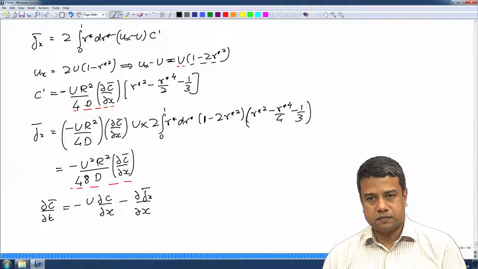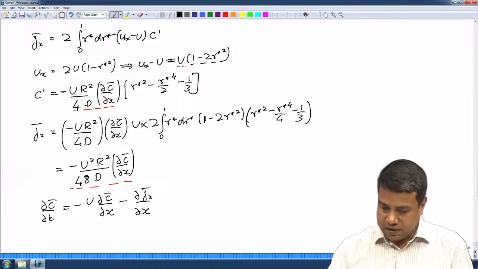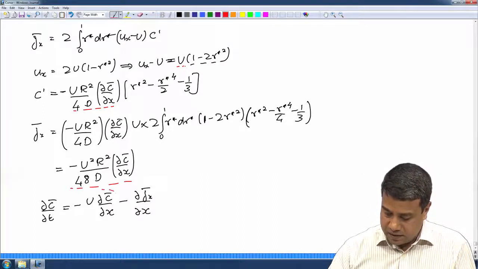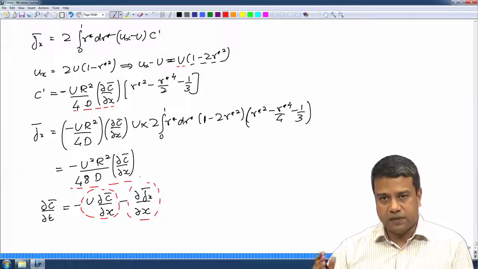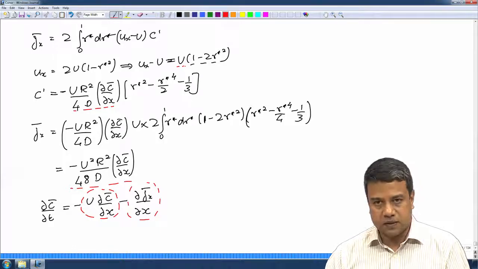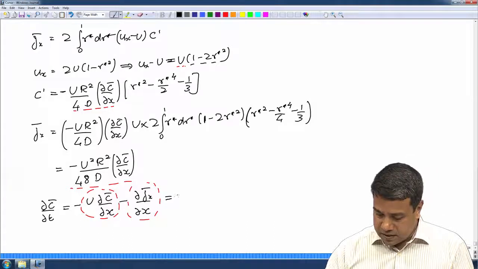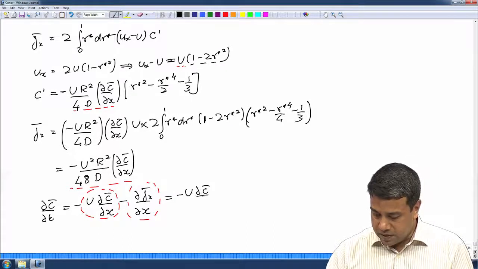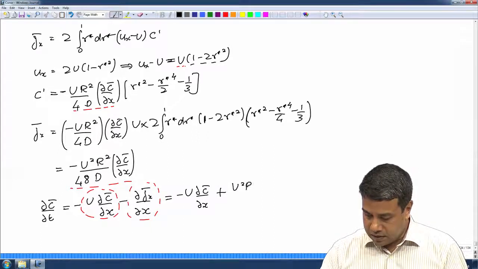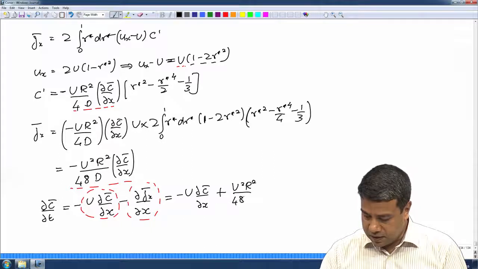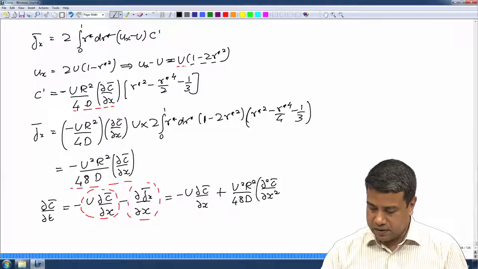So, this is for the average concentration field. This represents the convection along with the mean velocity. This represents the dispersion about that mean location. So, I can write this as minus u partial c bar by partial x, plus u square r square by 48 d partial square c bar by partial x square.